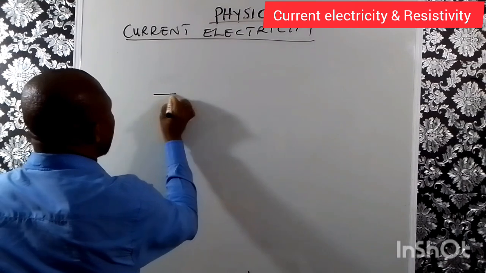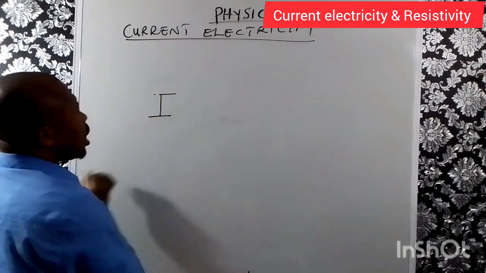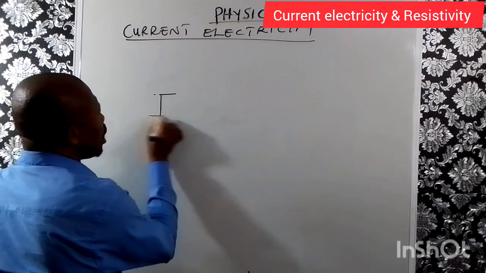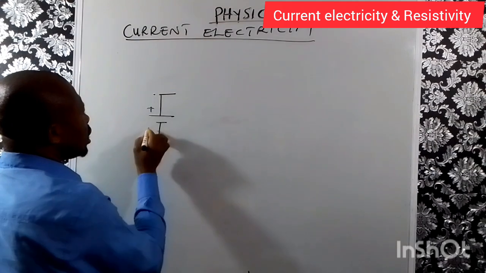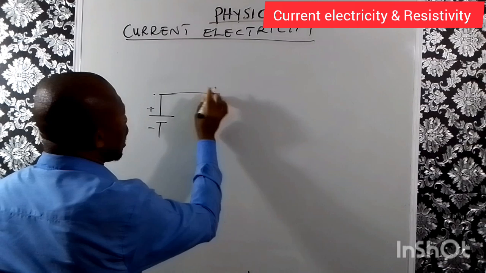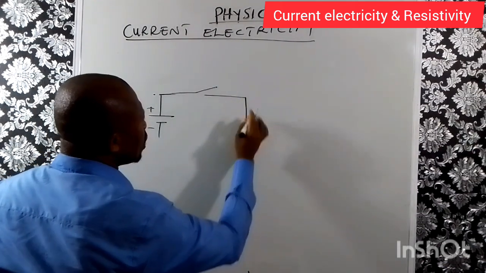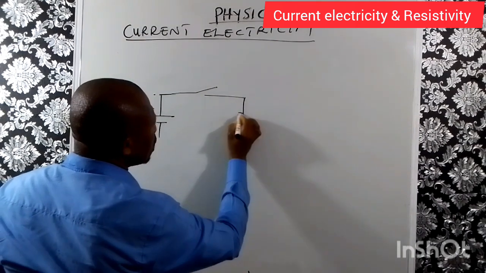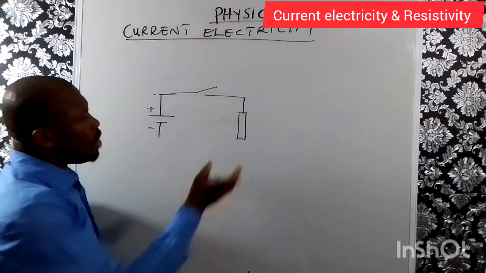Now assuming we have a circuit like this, this is the positive terminal, and then we can have this as our negative terminal. Now this terminal can have a key here, and then we have this. Let's say we have a resistor here.